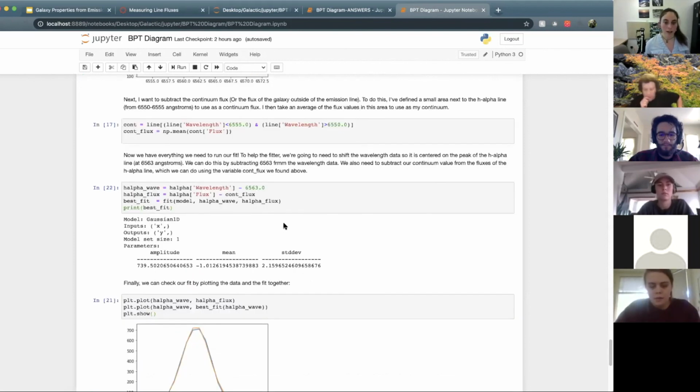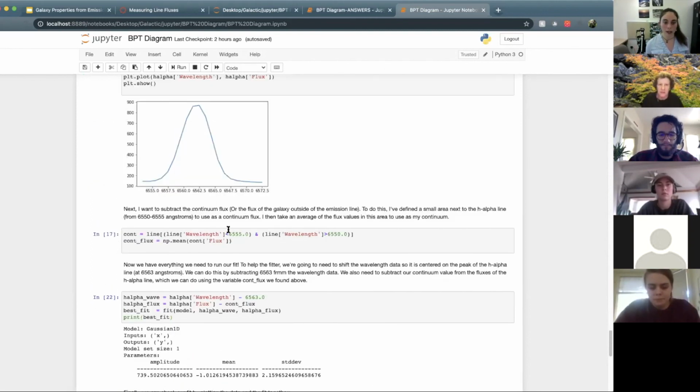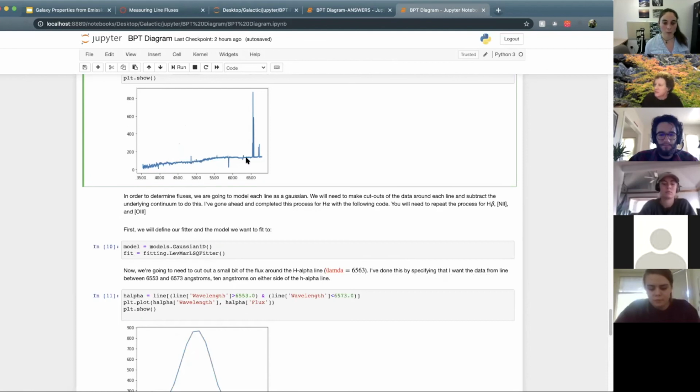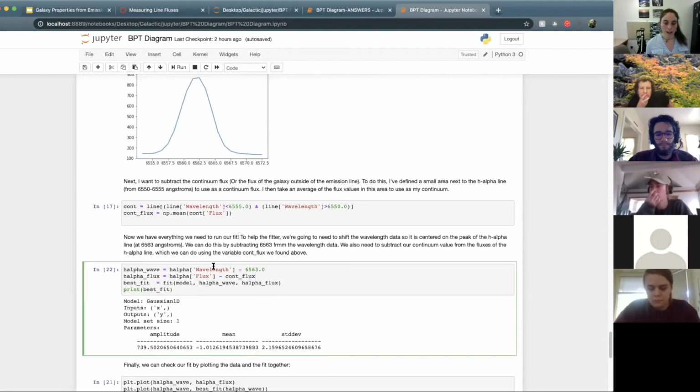Then I also measure the continuum flux of the galaxy, which is what the emission is on either side of the line. I want to find this so I can subtract that continuum flux and make sure I'm only measuring the flux of the emission line. So I find the continuum flux and subtract it.